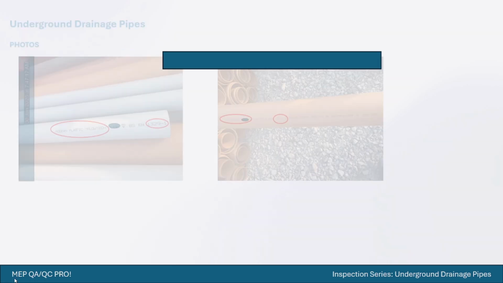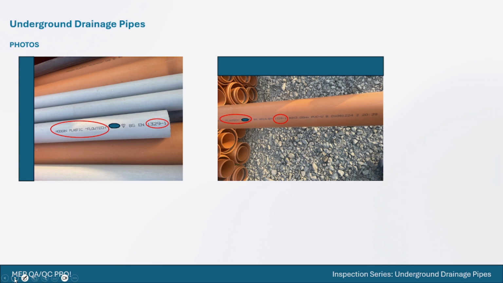The next thing is this photo of the drainage pipe, which you will need to check when you go to your store or site area. First of all, the first thing you need to check is the brand. This is Modern Plastic Flowtech.